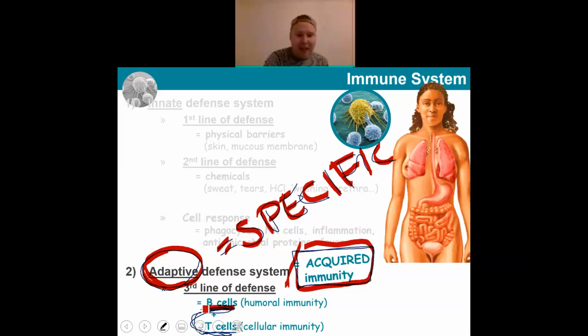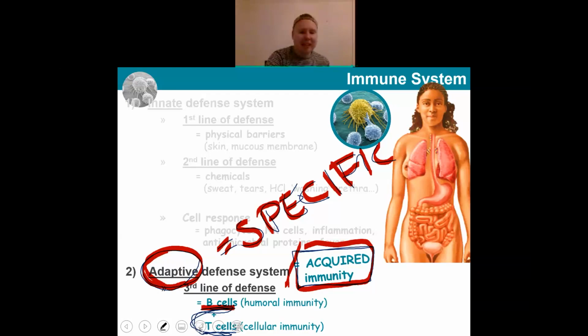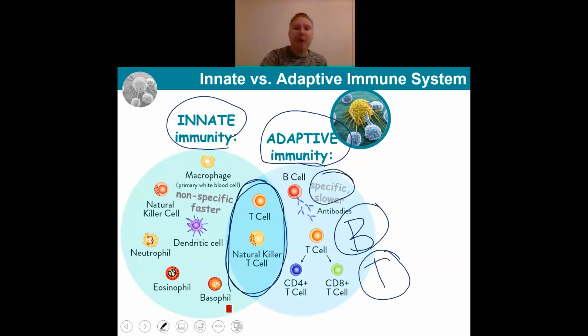And this is where the B cells and the T cells become important. They are how the adaptive immunity works.